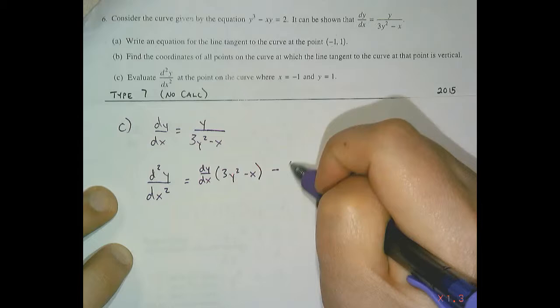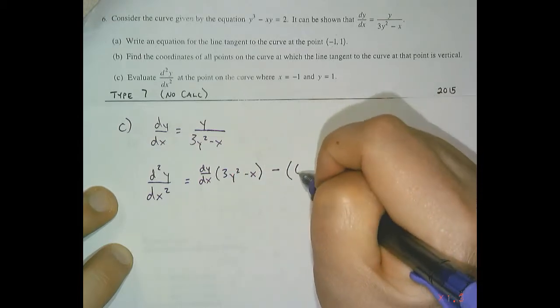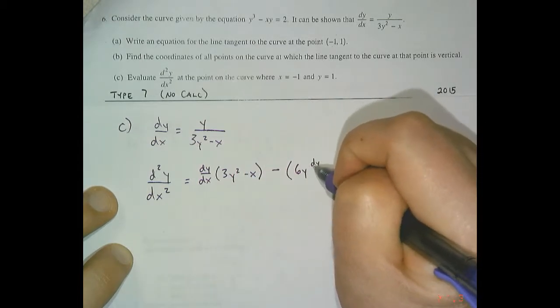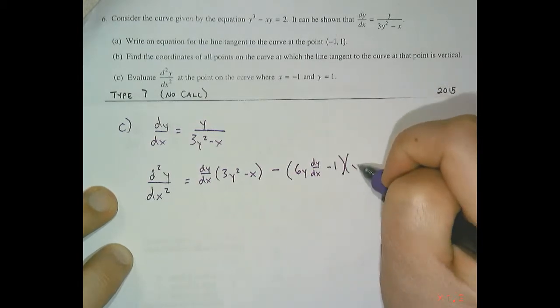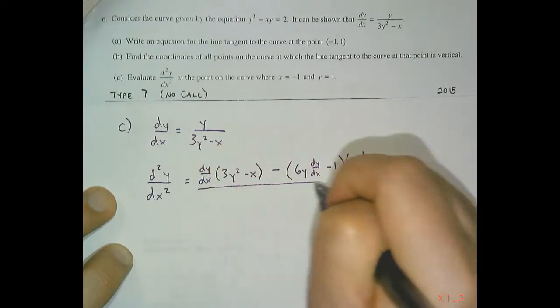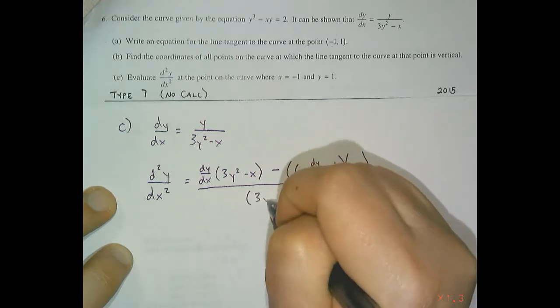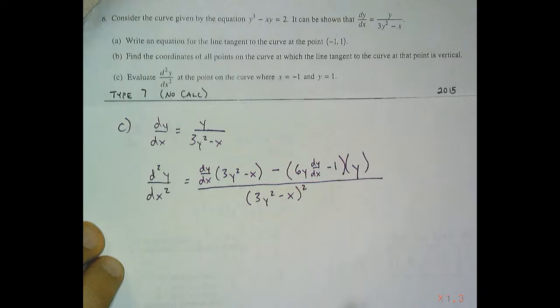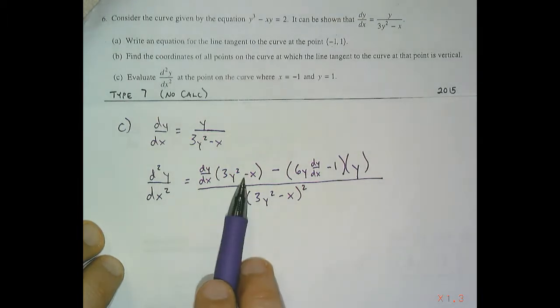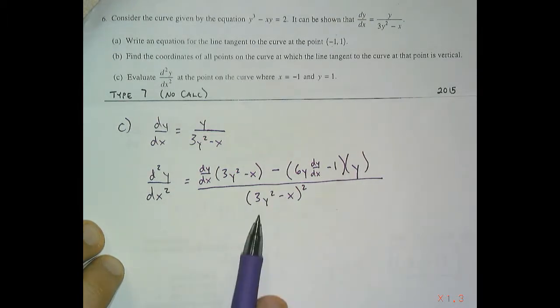Subtract the denominator primed, which is 6y dy dx minus 1 times the numerator, all over the denominator squared. So that's the use of the quotient rule: f prime g minus g prime f all over g squared.